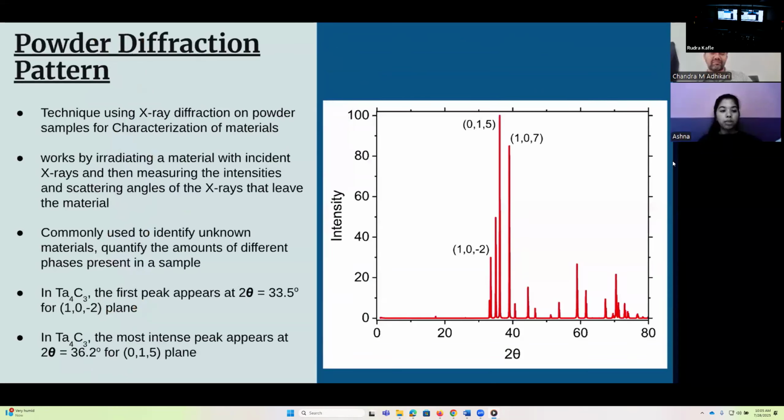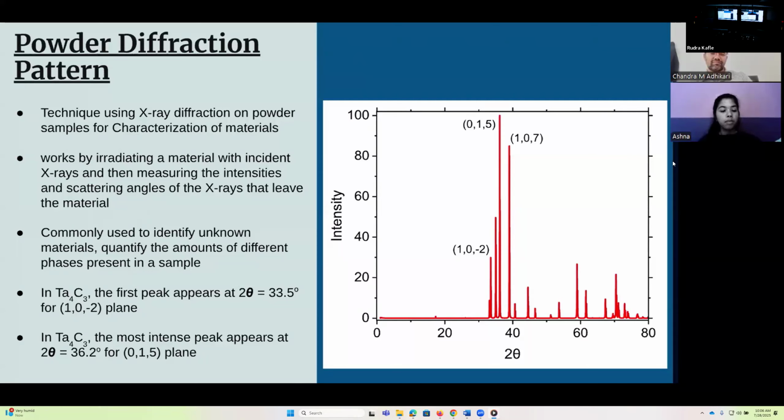Powder diffraction pattern. Powder diffraction is a technique using X-ray diffraction on powder samples for characterization of materials. This works by irradiating a material with incident X-rays and then measuring the intensities and scattering angles of the X-rays that leave the material. These are commonly used to identify unknown materials and quantify the amounts of different phases present in a sample.